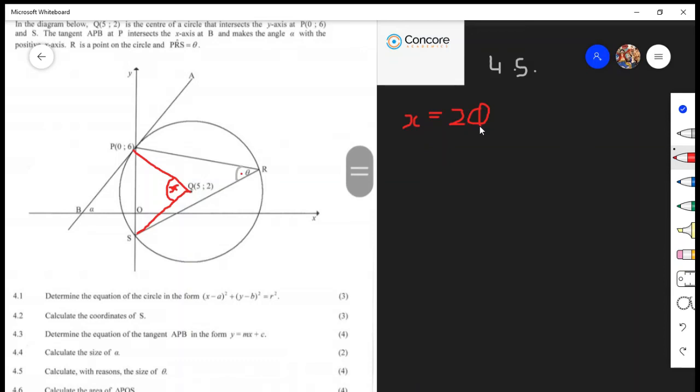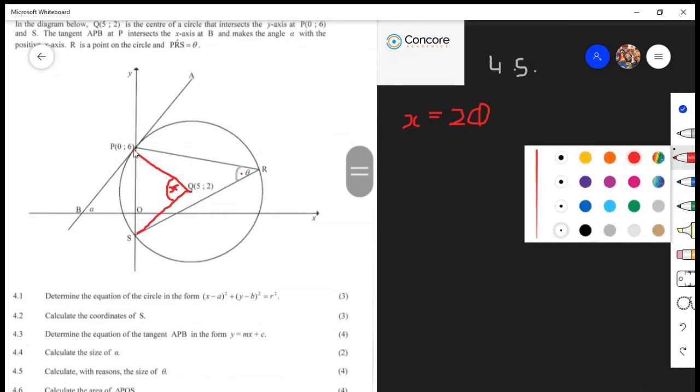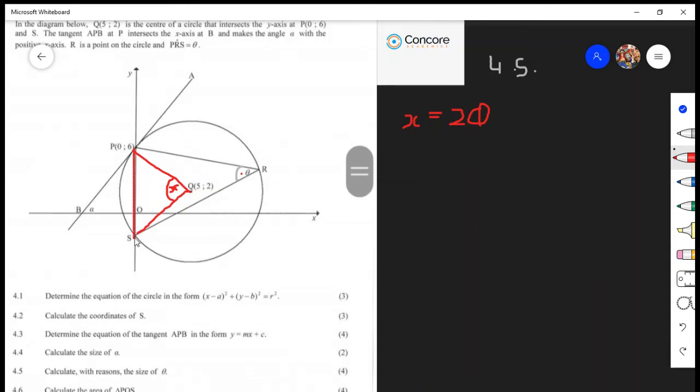Okay. So do you see this triangle? Remember, before, in one of the questions we calculated the radius. Because we have the radius, we can calculate this triangle over here, PSQ.